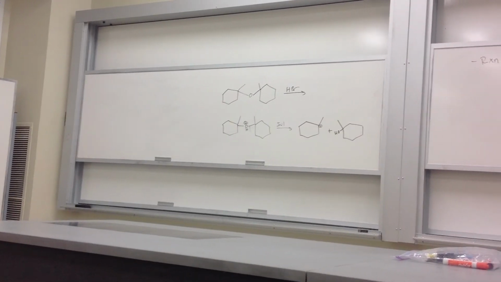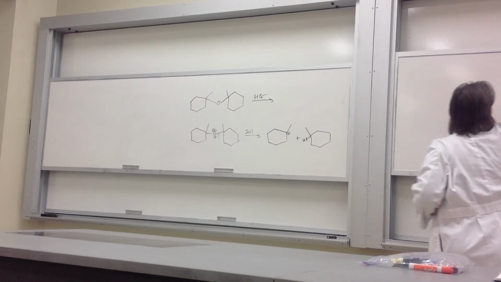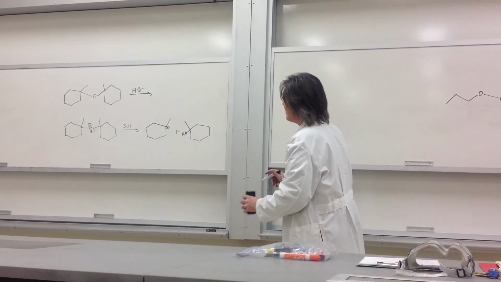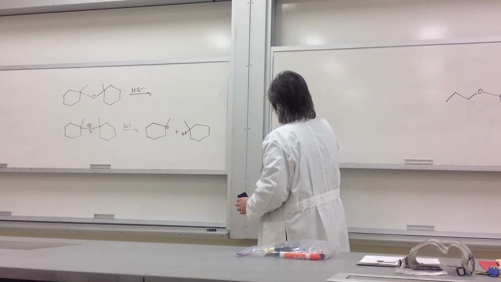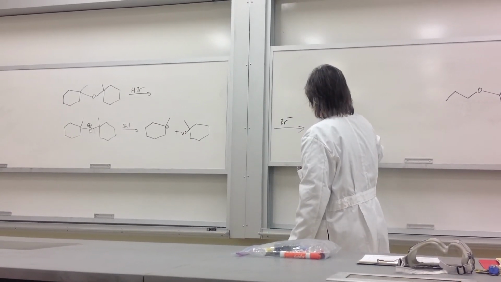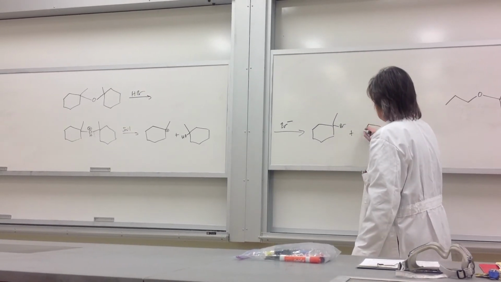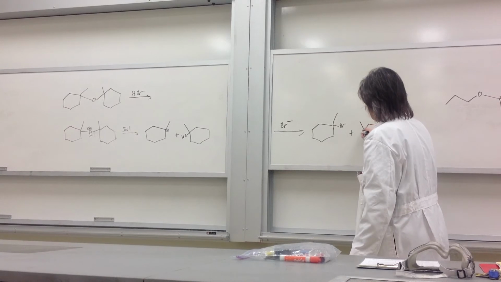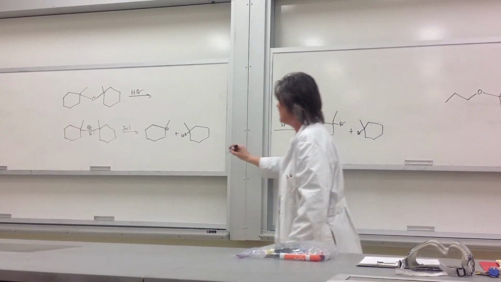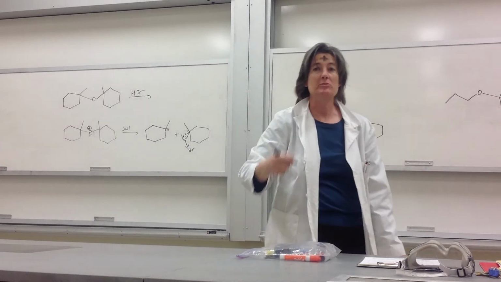And now here's where things can deviate a little bit. If I'm using Br, let's say that Br minus attacked. I would see a bromine there, and eventually that's going to turn into a bromine too, so I'd see bromines there.